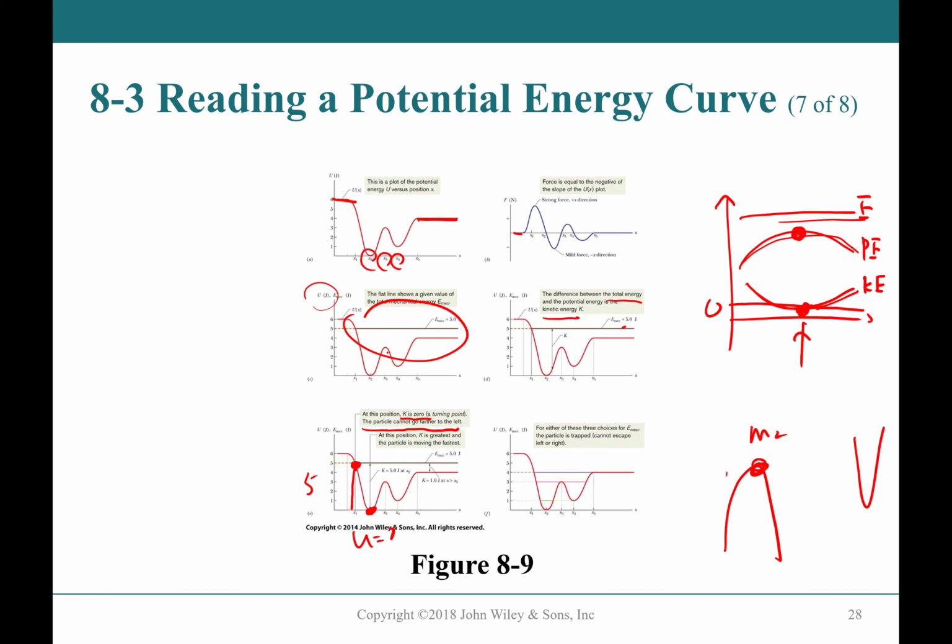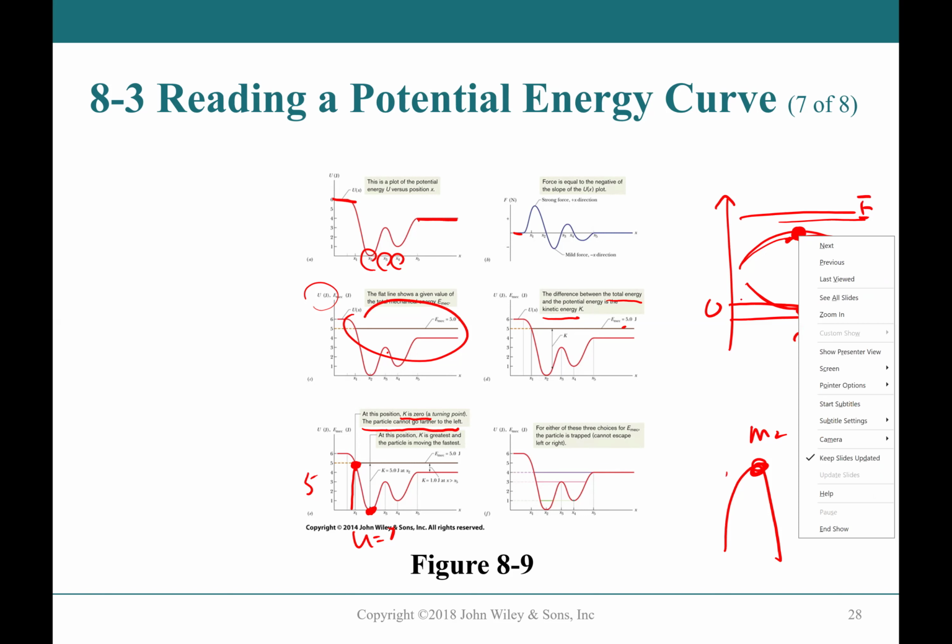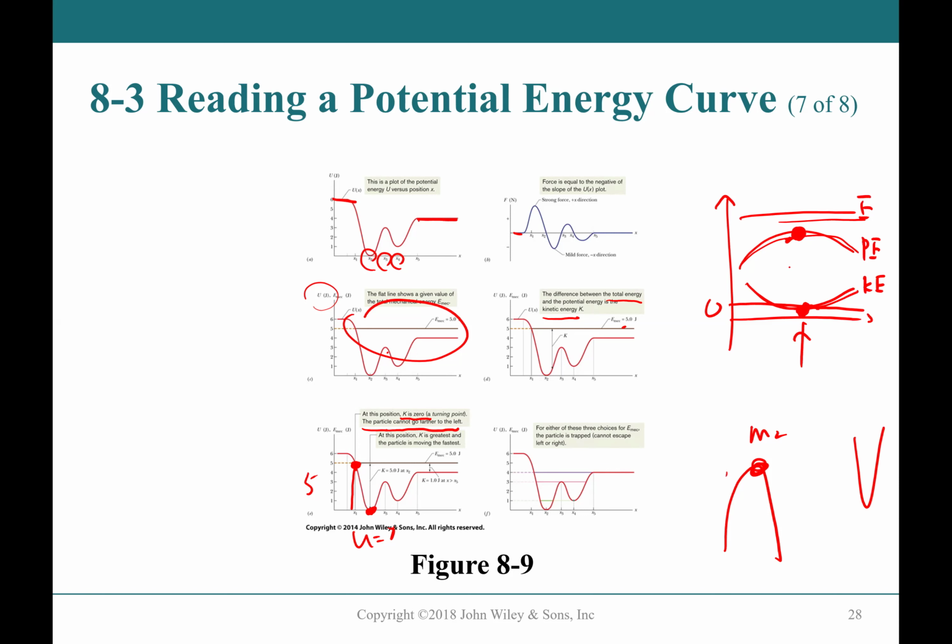So do like this. This is a turning point, which corresponds to the point here. And at this point, you have maximal potential energy. So the pictures that we get in the lab show you how the conversion is between your potential energy and the kinetic energy. So minimal kinetic energy is the turning point, and the maximal potential energy.